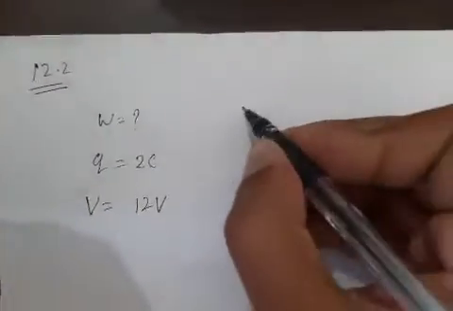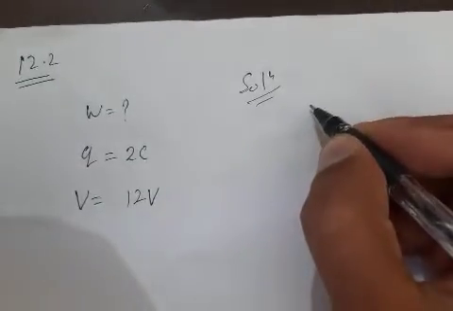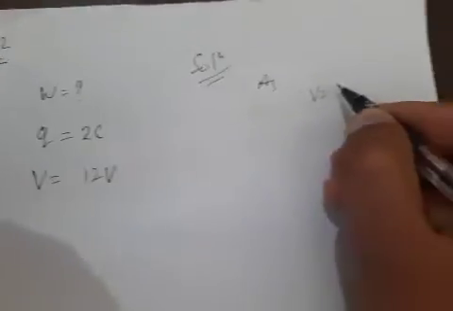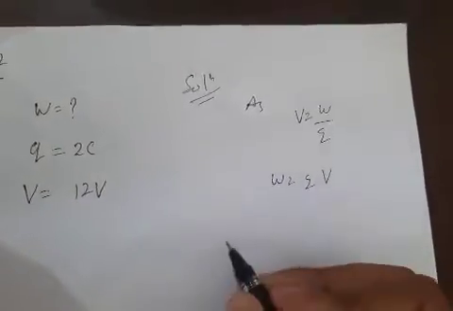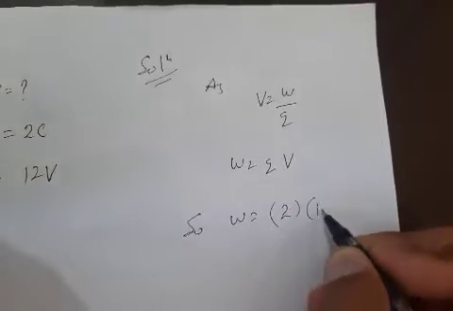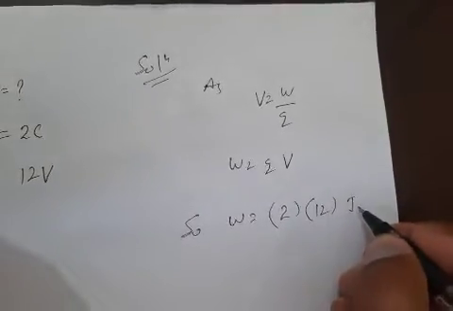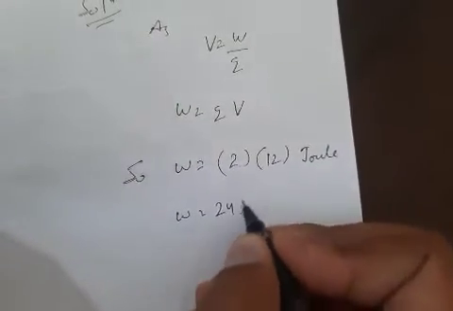Very simple. As V is equal to W over Q, work done is charge into potential difference. So work done is 2 coulomb charge into 12 volt. It will be in joule because the SI unit of work is joule. So work is 24 joule. Simple.